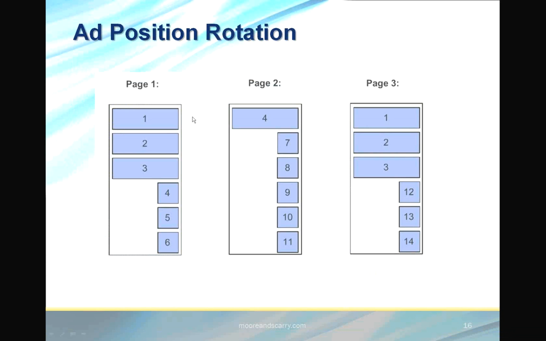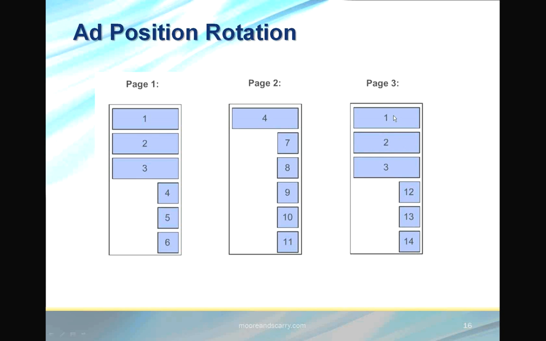Next, we have ad position rotation. So the person in position 1 obviously is listed number 1, 2, and 3. And then they move off onto the right side, 4, 5, 6. But when a user goes to the second page of search results, number 4 moves up to the top, and there's only one sponsored link above the organic, and then it's 7, 8, 9, 10, and 11.